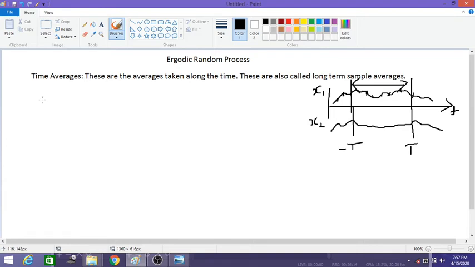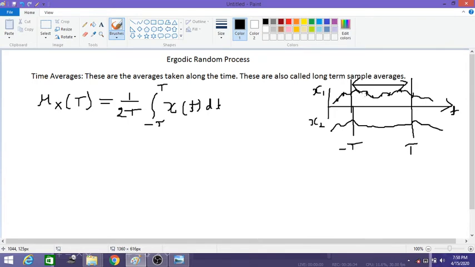Its mathematical definition is mu_x of T, the time period or sample period, equal to 1 by 2T, integral from minus T to plus T of x of t dt. It is a simple integration of the term. It means x of t should be integrable and finite. We cannot do this for infinite, so we will restrict this to minus T to plus T.